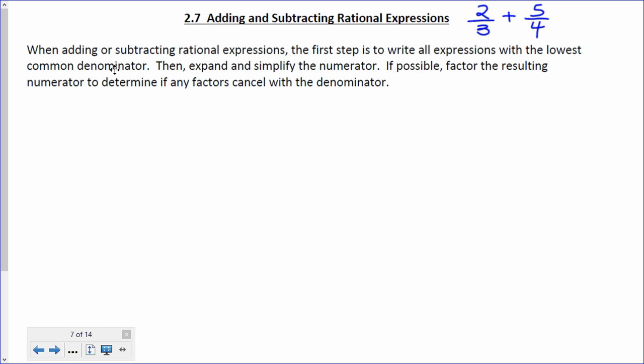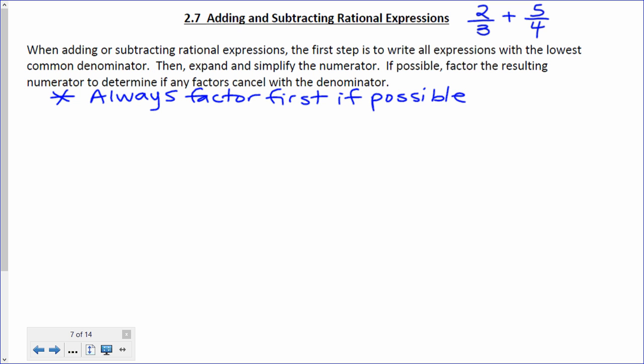Maybe something reduces and your expression becomes a lot simpler to work with. So you might want to add a star: always factor first if possible. Always look for factoring first.